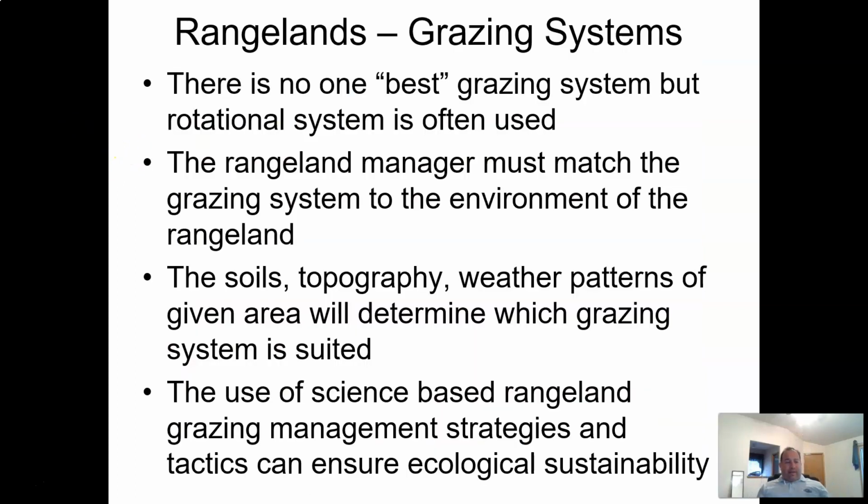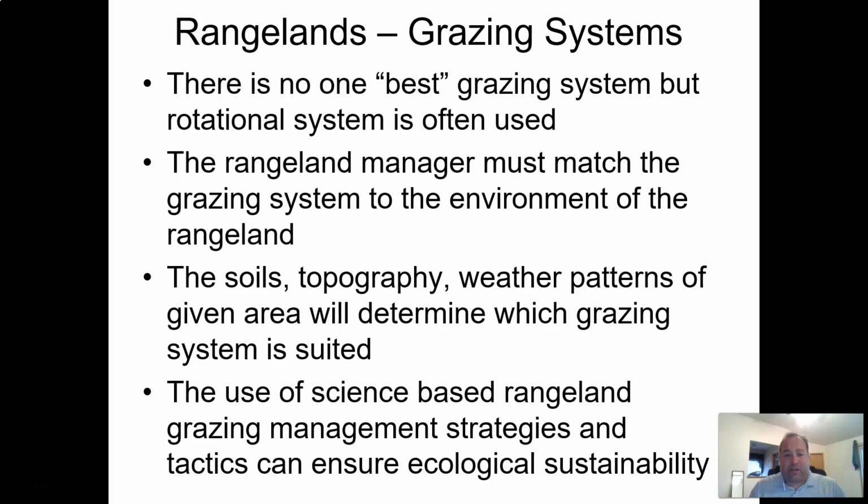So in terms of grazing systems, one thing that's really important to remember is there is no right or best grazing system. The rotational one's often used, but like I said before, you can combine things like that deferred rotation with a rest block in it.